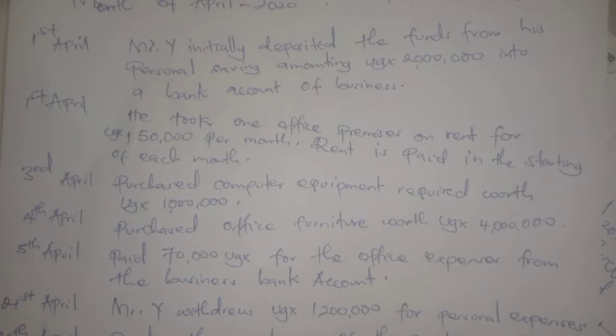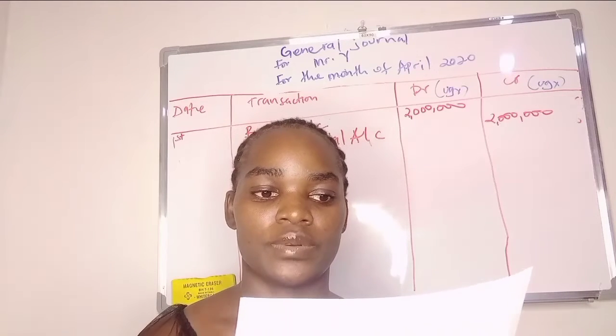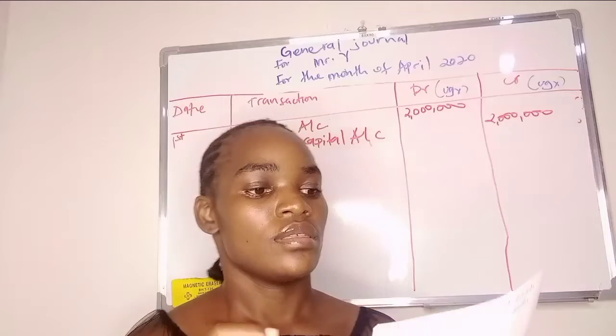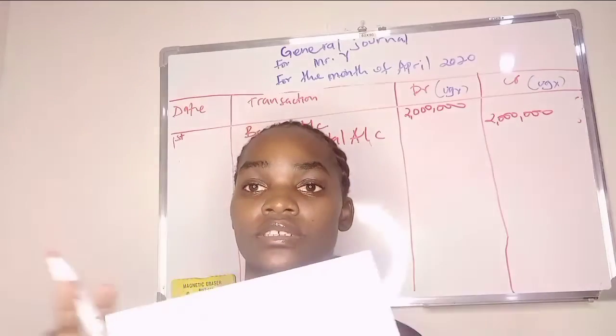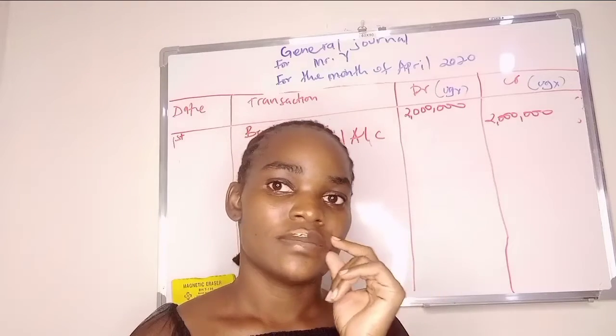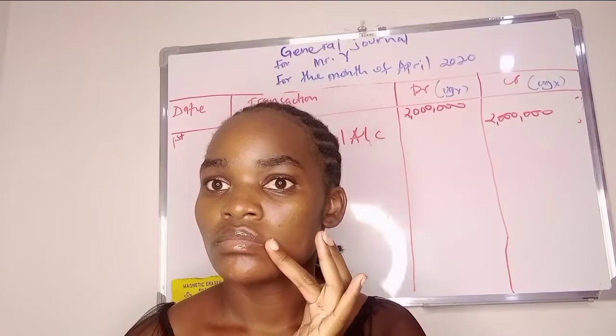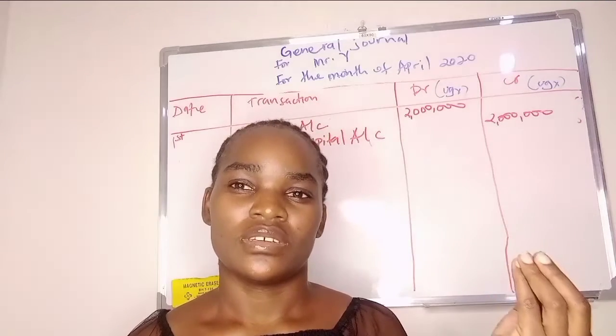Then the next transaction is still on 1st April. He took one of his premises on rent for UGX 150,000 per month, and rent is paid at the start of each month. So Mr. Y decided to rent office premises worth UGX 150,000 per month. It's paid at the start of each month. If something is paid at the start, it becomes prepaid, like you pay before using it.